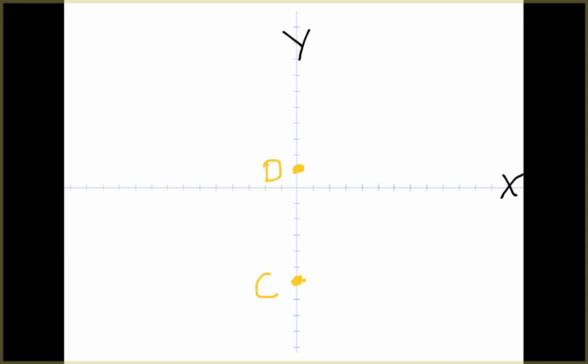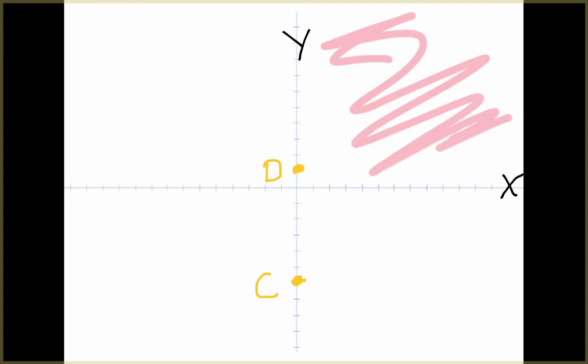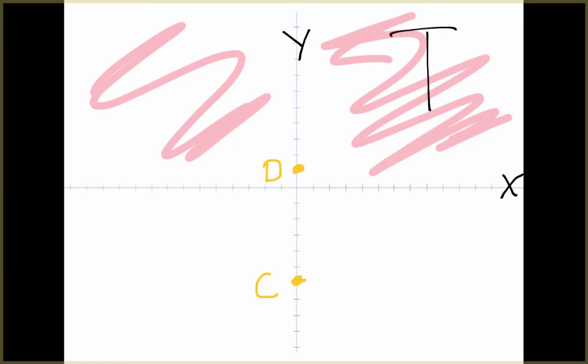Well, if they're on an x or y axis, they're not in a quadrant. It's not in this space. I'm going to use a highlighter here. It's not in this space. It's not in this space. It's between these two. Because what's the boundary of these two quadrants? If I have quadrant 1 here, and I have quadrant 2 here, well, this one's in between.